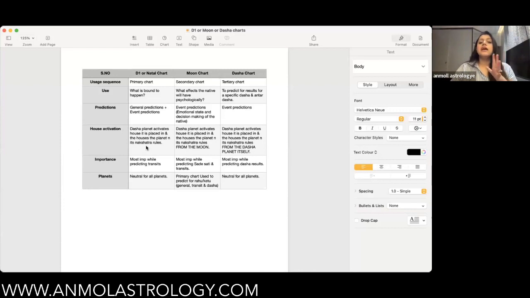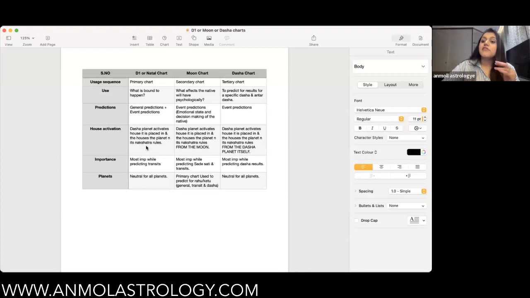And suppose you do the same thing with the moon chart. Whenever you study through a moon chart how the dasha is going to play its role emotionally or psychologically with a person, just make the moon chart. Now if a person is Sagittarius ascendant but Cancer moon, that means the moon is in the 8th house, right?